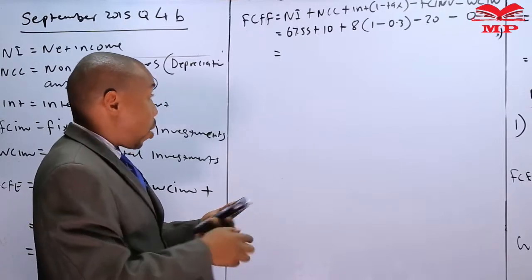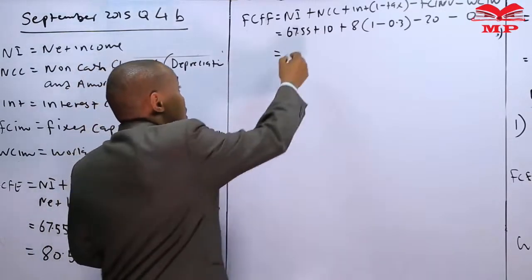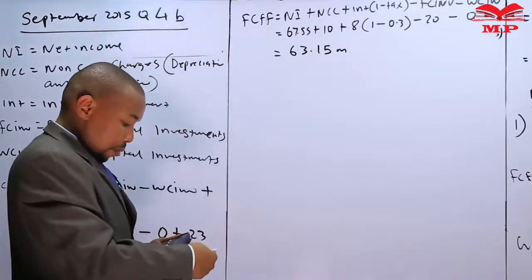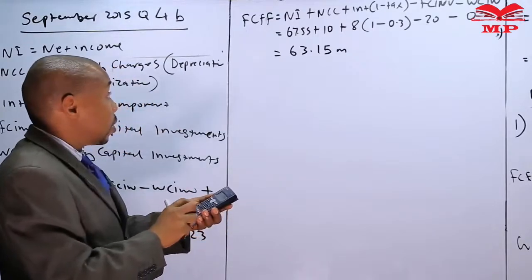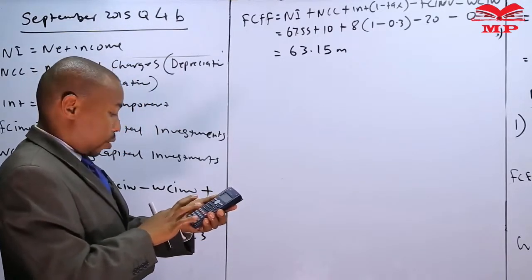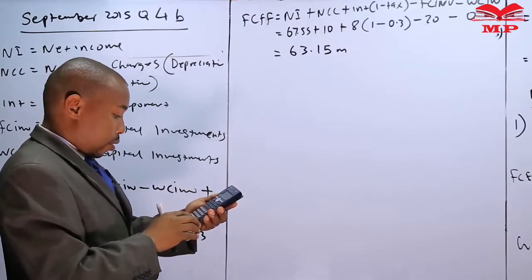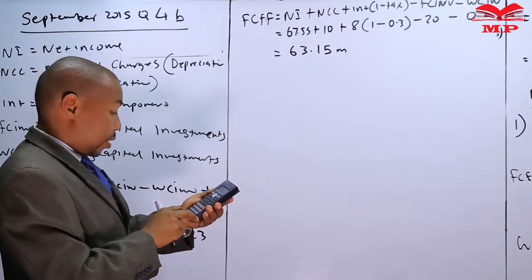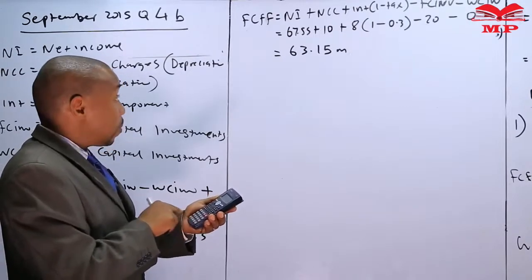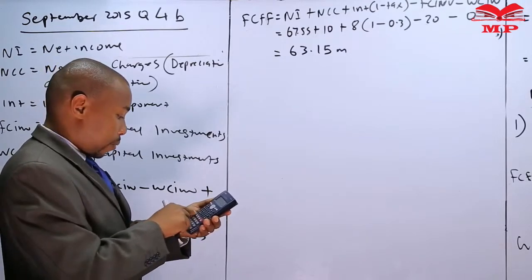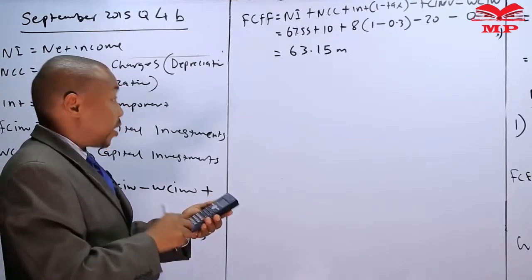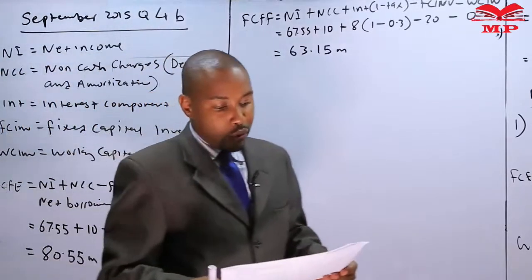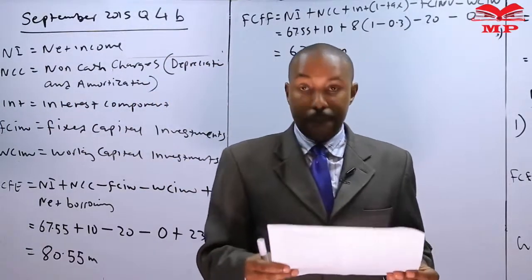We have 63.15 million. Just a quick arithmetic check. So you have 8 times 0.7 minus 20 equals, then you add 10 plus 67.55. Yes, 63.15 million. And that answers November 2015 question 3B.